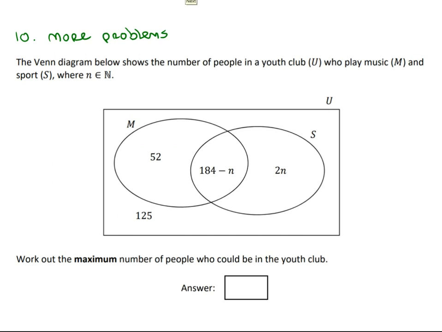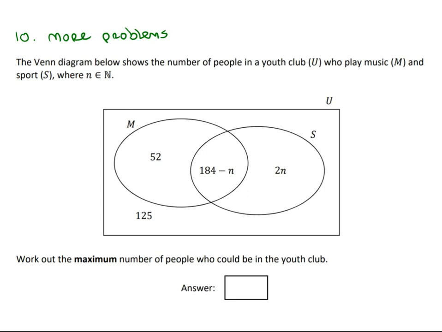And finally, recently they've done more problems that have, I suppose, invoked a bit more thinking. This question here gives you a Venn diagram that shows a number of people in the U Club who play music and sport, and asks you to work out the maximum number of people who could be in the U Club.